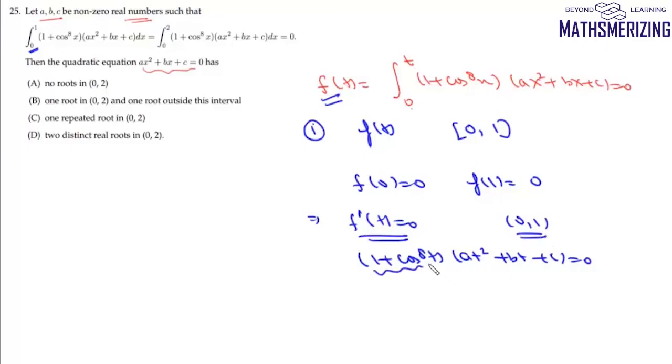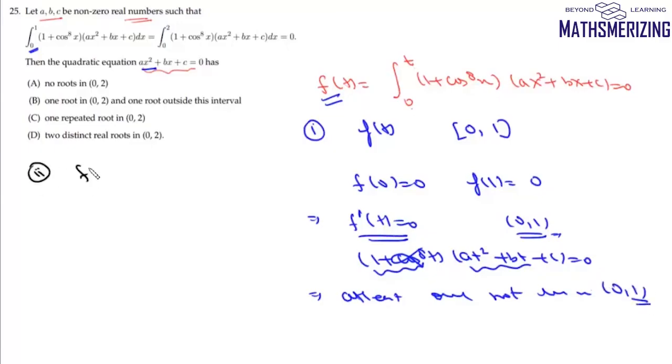Now this 1 + cos^8 t cannot be 0. So that means at least one root of this quadratic equation ax² + bx + c will lie in this interval 0, 1. So from here we'll say at least one root will lie in 0, 1.